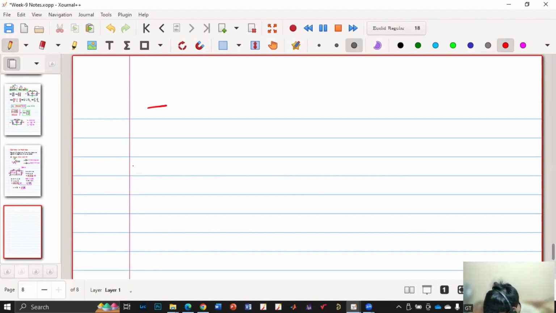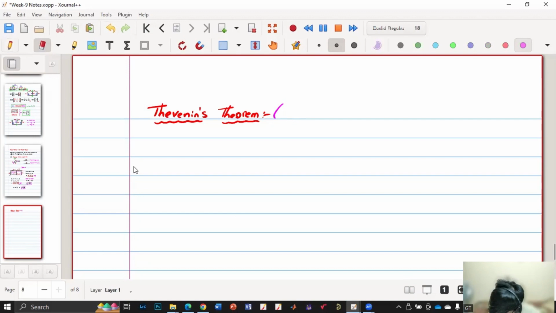Thevenin's theorem for any network with dependent sources. So what is the issue and how to proceed?